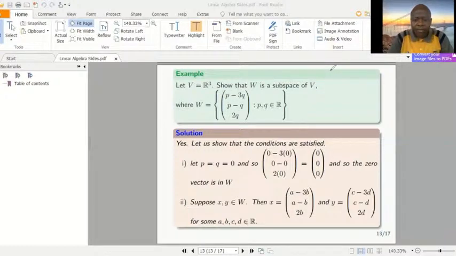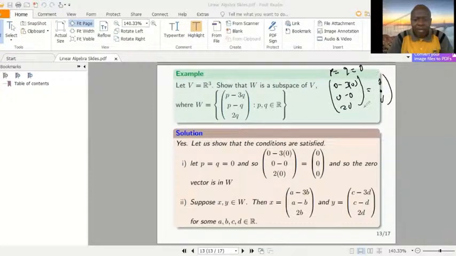If P is equal to Q and each of them is 0, then you realize that we would have 0 minus 3 times 0, 0 minus 0, and 2 times 0, and this would give us 0, 0, 0.